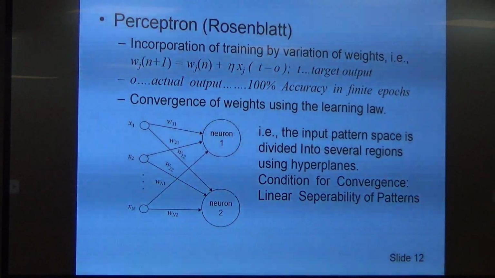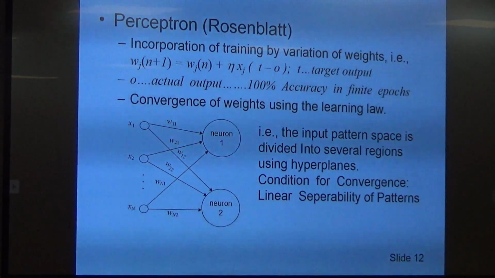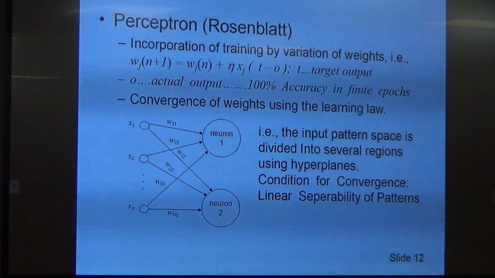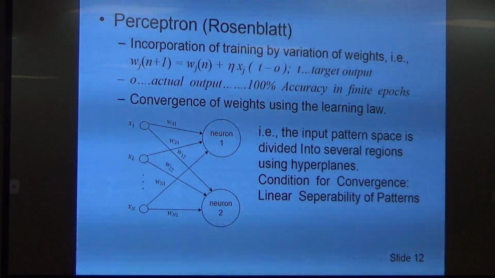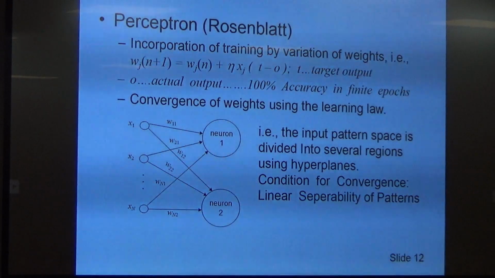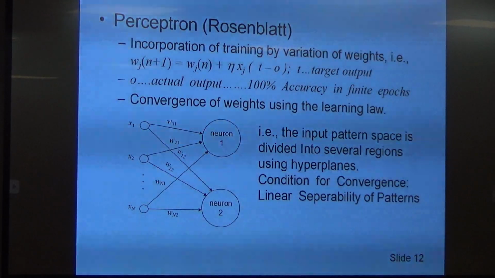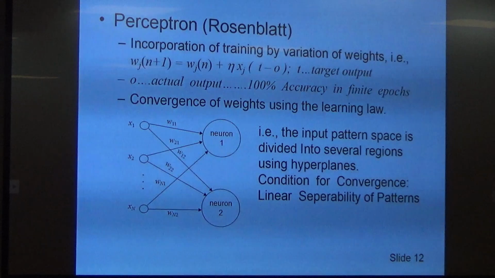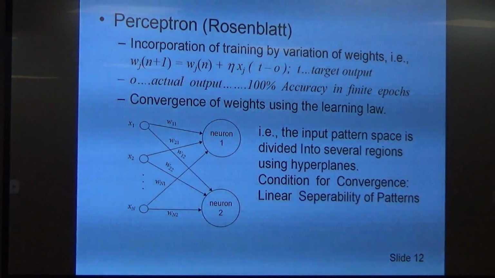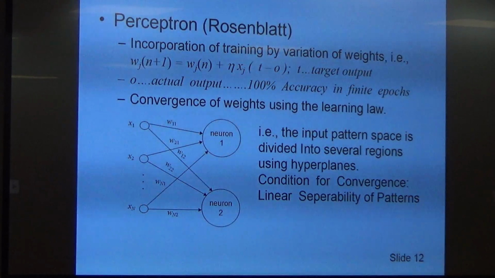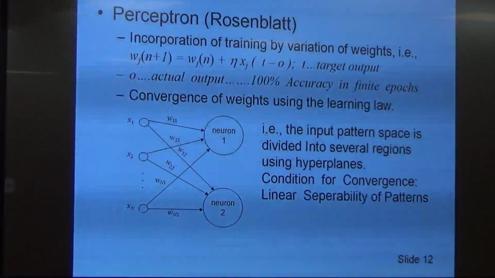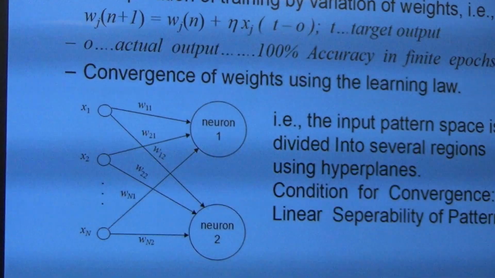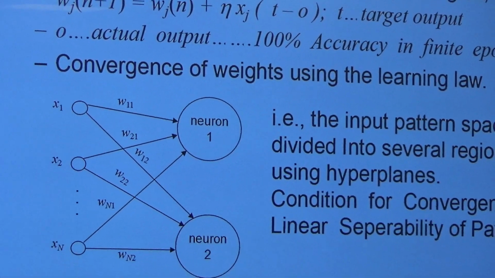We connect the input components little x1, x2, up to xn to the neuron by means of synaptic weights. The index is W11 from the first component to the first neuron, W21 from the second component to the first neuron, and so on up to n components to the first neuron.